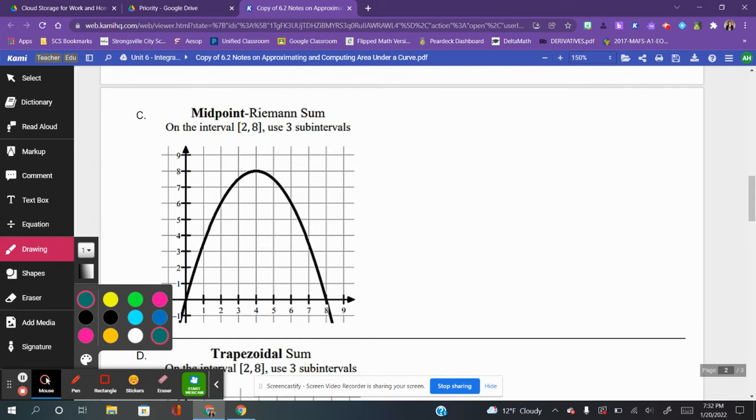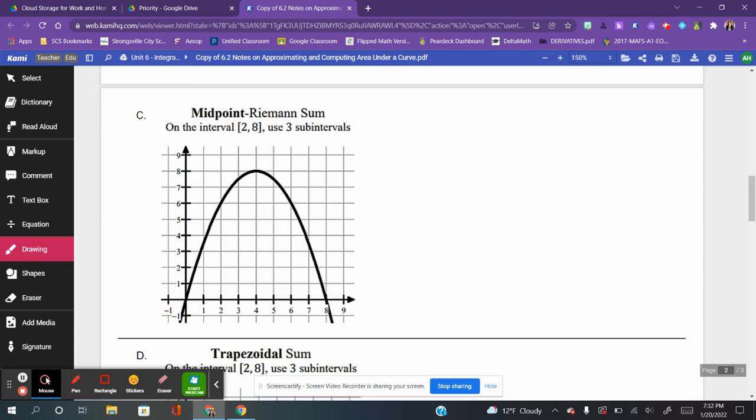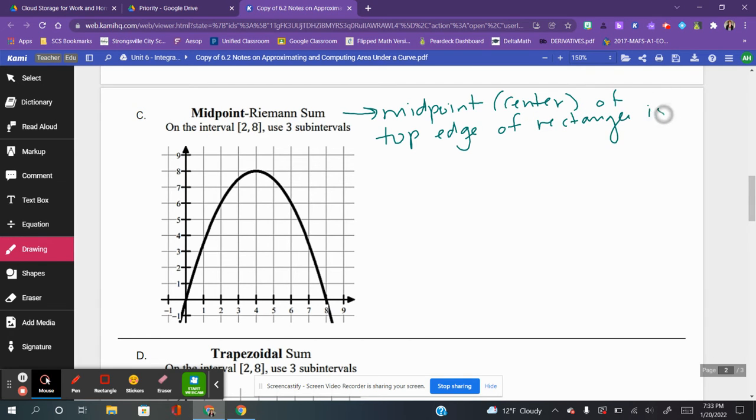That is what a midpoint Riemann sum is going to do. A midpoint Riemann sum occurs when the midpoint, go figure, or the center, we can say, of the top edge of the rectangle is on the curve.